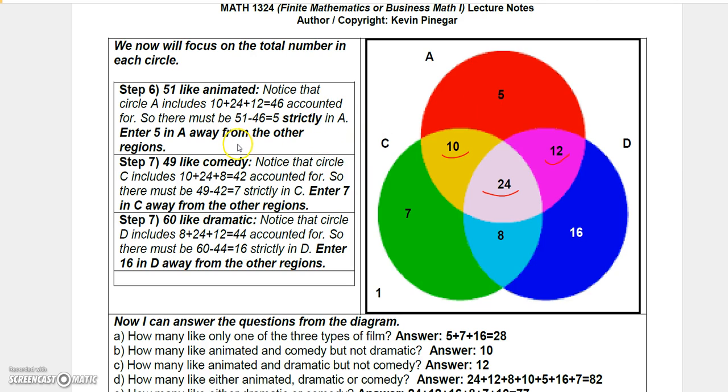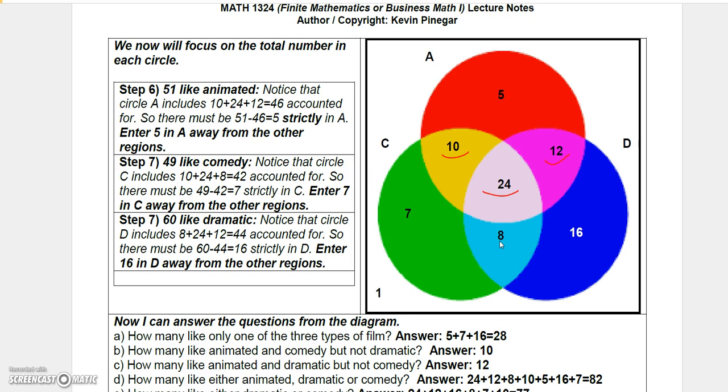And then again, step 7 says 49 like comedy. So in this green circle, we've got to have a total of 49. Well, in the green circle, you've already got 10 here, 24 here, and 8 here. That adds up to 42.